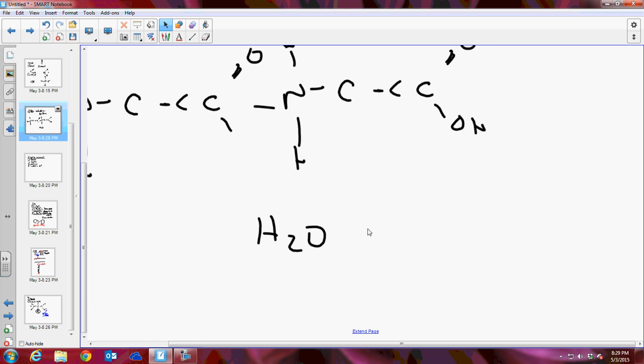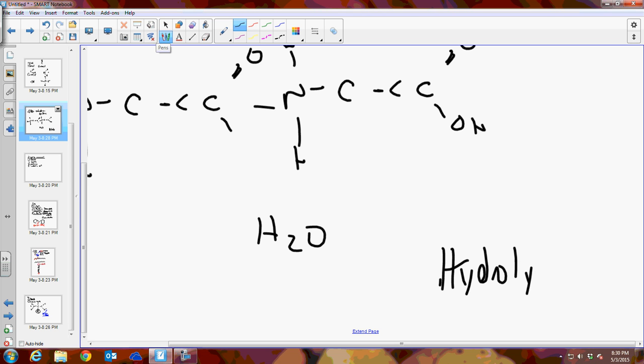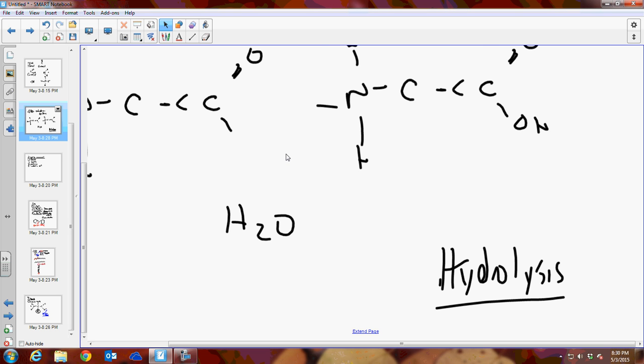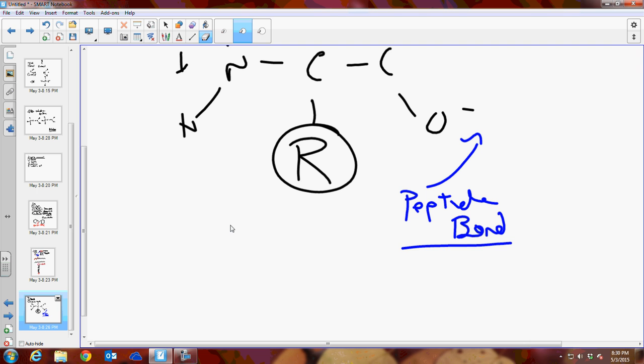Now the opposite of that is called hydrolysis. Hydro meaning water, lysis meaning break. And this is where water is basically used to break these two things apart. And you get back to where you were at the beginning. So hydrolysis and dehydration synthesis, two very important concepts in macromolecules.